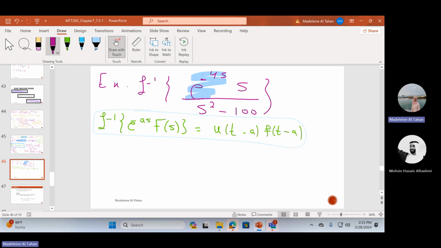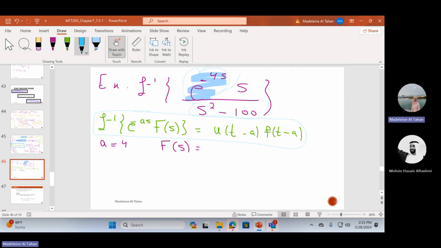Compare now. What's our a? Are all of us able to see that a in our case is equal to 4? What's remaining? So we have this one, Miss, and we have this one. So F of s is s over s squared minus 100.